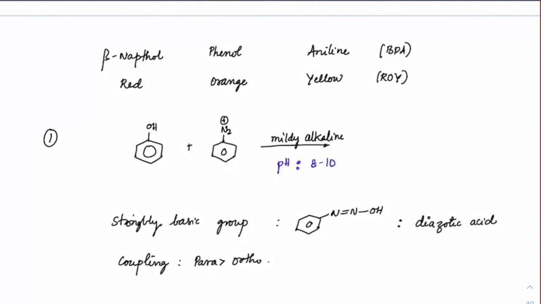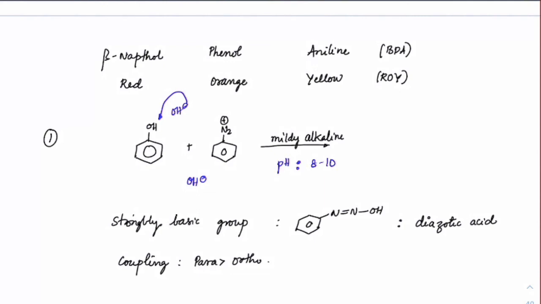The reason is, if I take acidic medium, H plus might directly react on the lone pair here and make it OH2 plus. If I take strongly basic medium like OH minus, OH minus is good because it can increase the nucleophilicity of phenol and make it phenoxide.